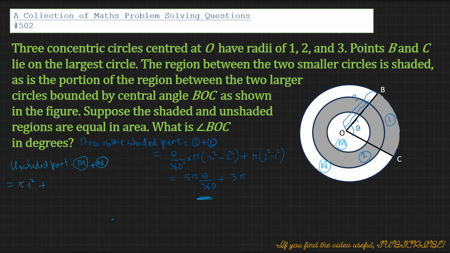So I can write the area of the outer circle is pi times 3 squared minus 2 squared and minus 1, which is 5 pi theta out of 360 degrees.